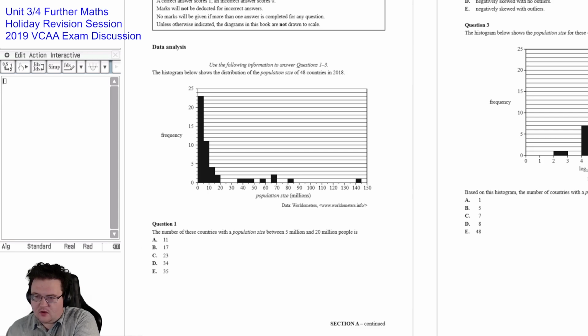Looking at our scale, the scale is in lots of tens with a halfway marker. That halfway marker means 5. That means that from here to here is what we care about. There are 11 here, there are 4 here, and there are 2 here. That means the answer is 17.